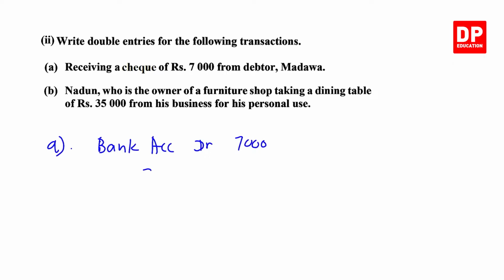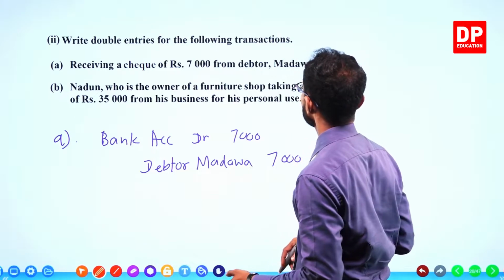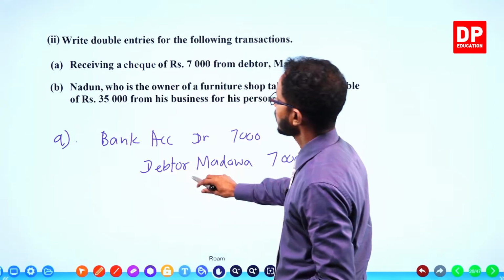Debtor Madhav credit 7,000. That is the double entry. Next double entry.